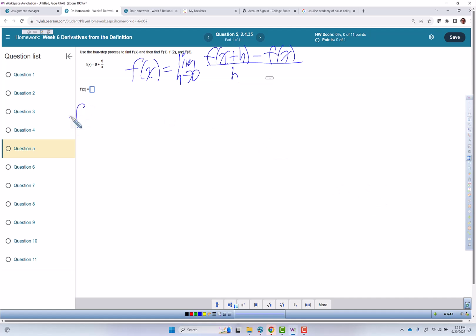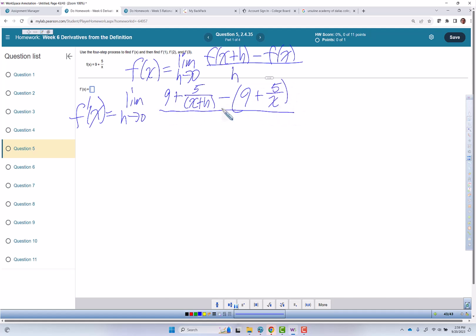Now we're going to substitute in. f prime of x equals the limit as h approaches 0 of 9 plus 5 over, I'm going to replace the x with x plus h, minus grouping symbol 9 plus 5 over x. So that's the numerator, and then the denominator is just h.